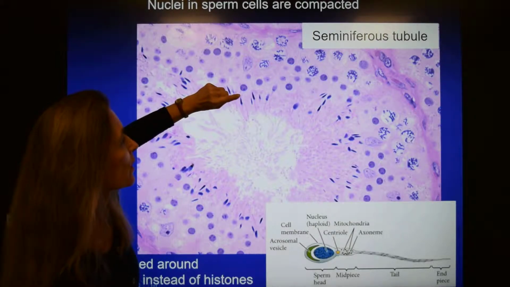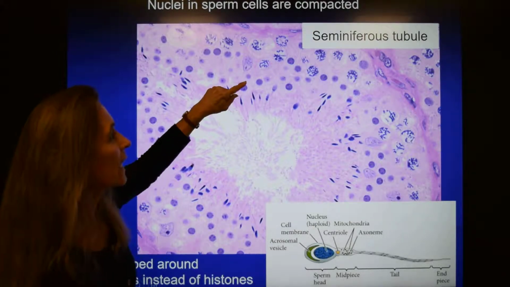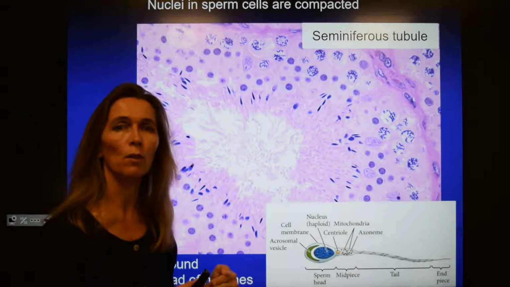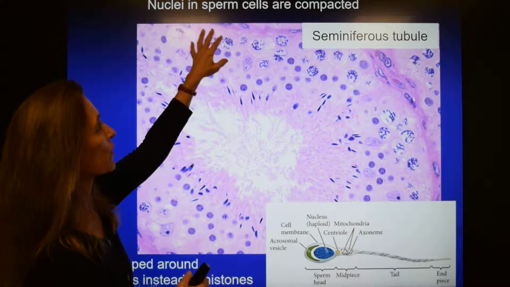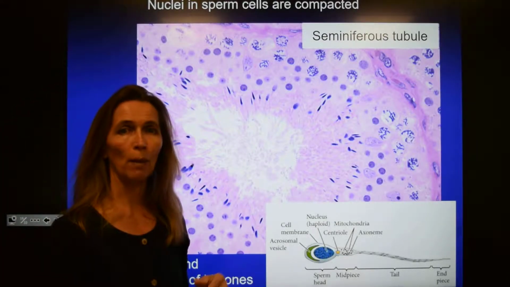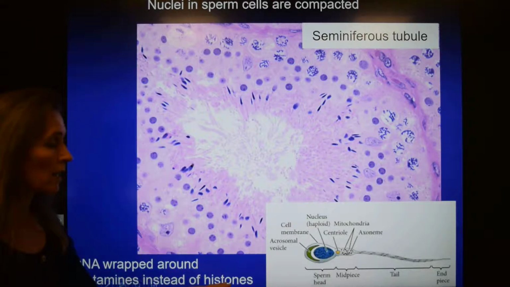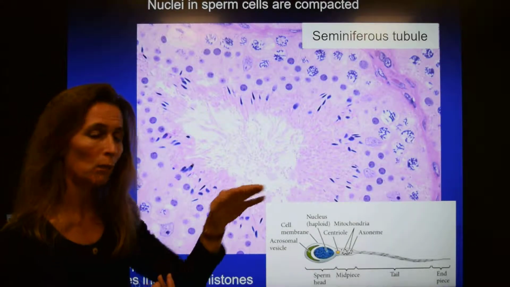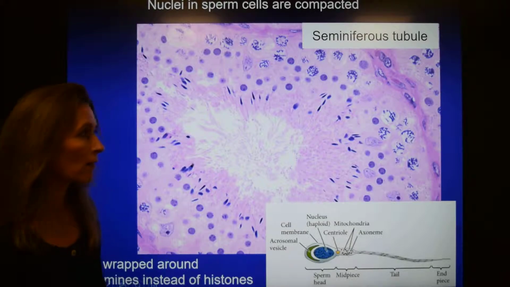And this is because the genetic material here is now wrapped differently around proteins within the nucleus. Initially in those cells, the DNA is wrapped around histones. These are specific proteins around which the DNA is wrapped, and we'll learn about histones more later.